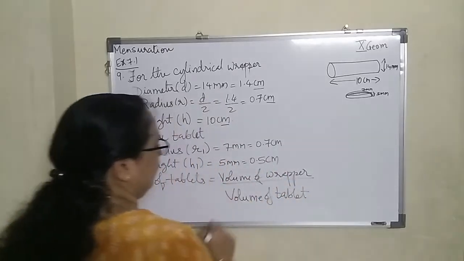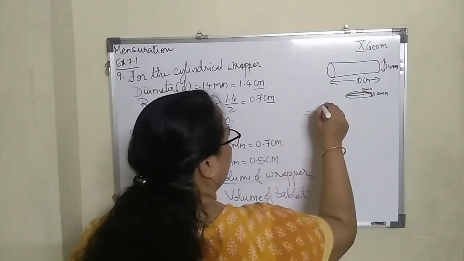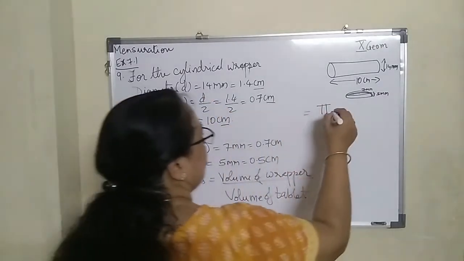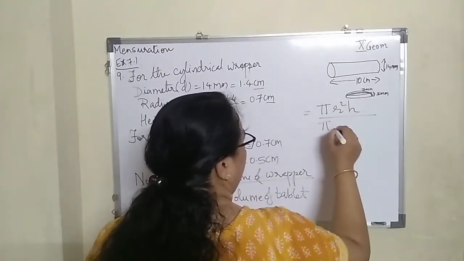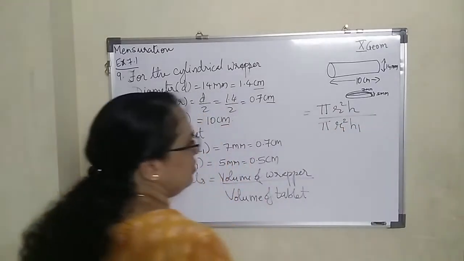That means one tablet. So what is the volume given by? Formula is the same. Pi R square H for the wrapper, and here we have pi r1 square h1.